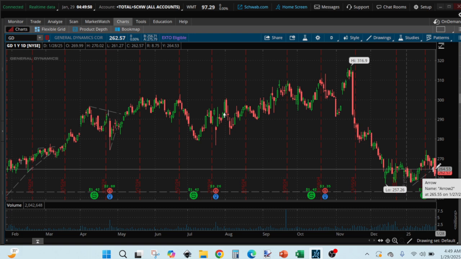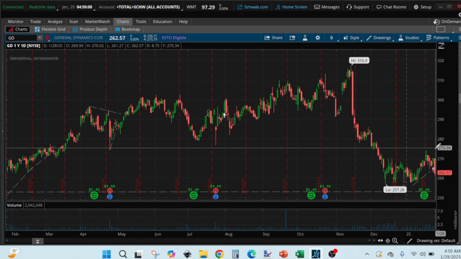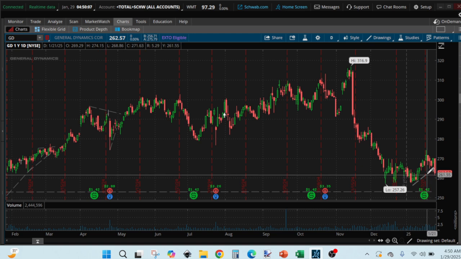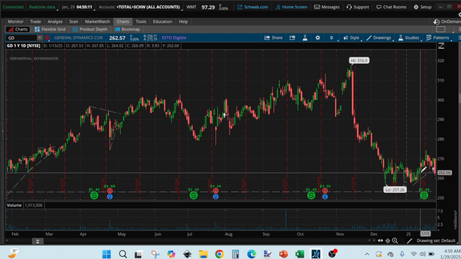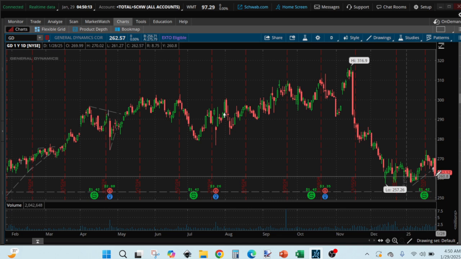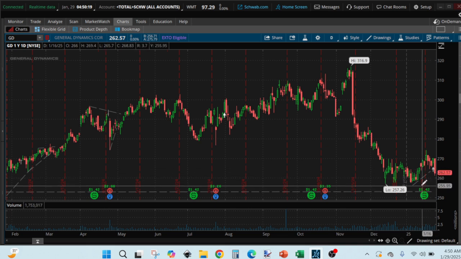This analysis is happening after the market closed on January 28, 2025, which is a Tuesday. So on Tuesday, it pulled back heavily and quite below the uptrend line that it was creating prior to that. So we will continue to see if it's deciding to go back down to the trend line or what.